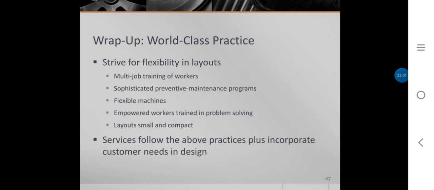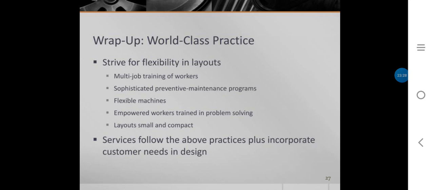Okay, this is the wrap up on world class practice related to service facility layouts. It is one of the techniques we can use globally for enhancing facility layout decisions in the service sectors.